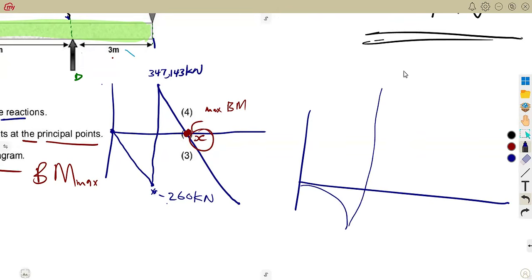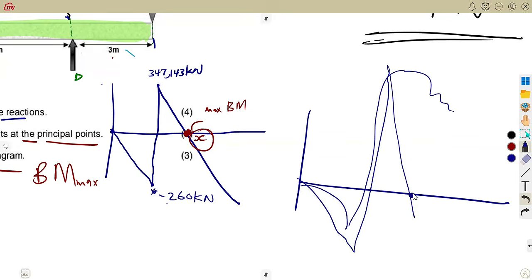Then there's another section like that. When the shear force was being drawn, it was like this, guys. It went up. Then the part when it is going down there, that is where we are having the maximum bending moment.